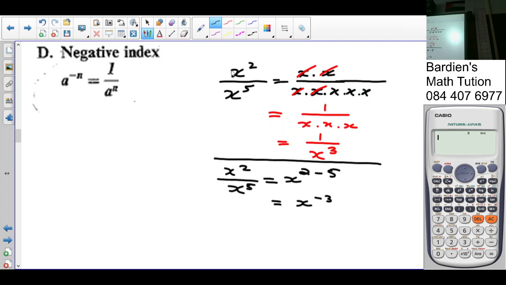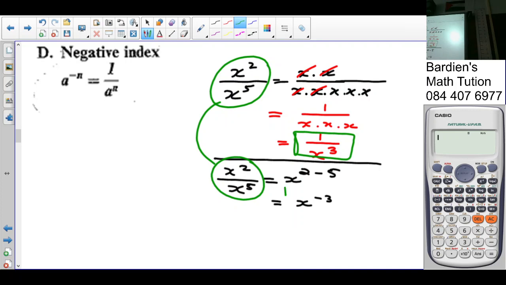Hang on, is the sum the same? Yes. So the answers must be the same. So in conclusion, x to the minus 3 has to be equal to 1 over x cubed. Did you see that? x to the negative 3 is equal to 1 over x cubed.